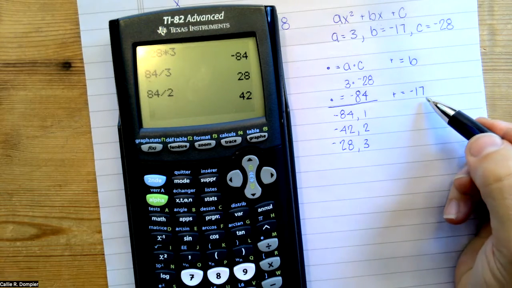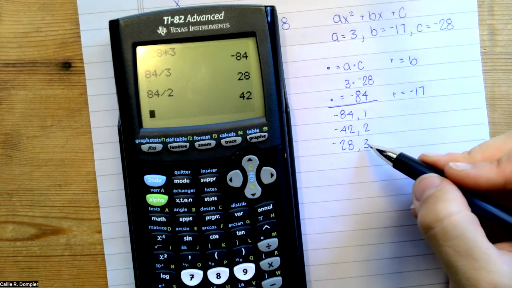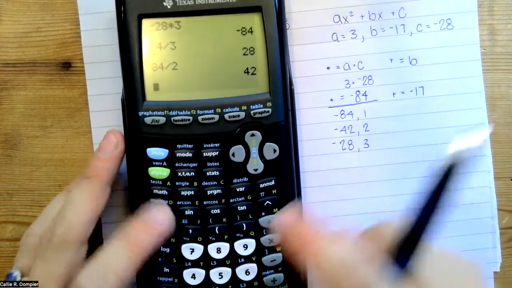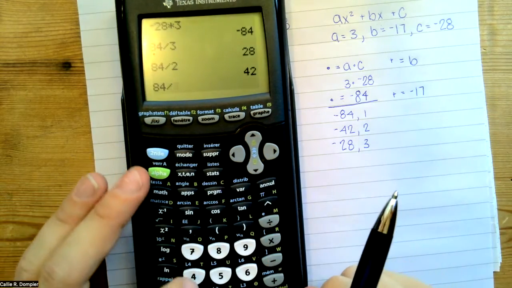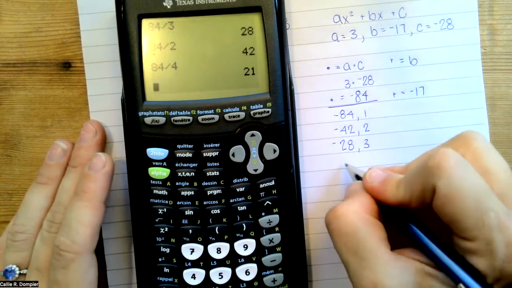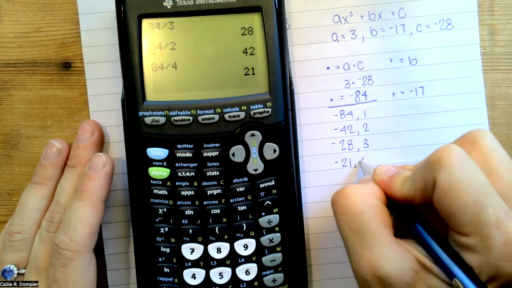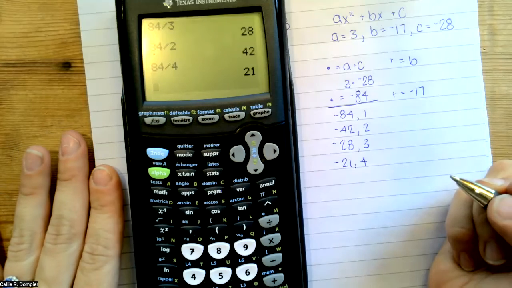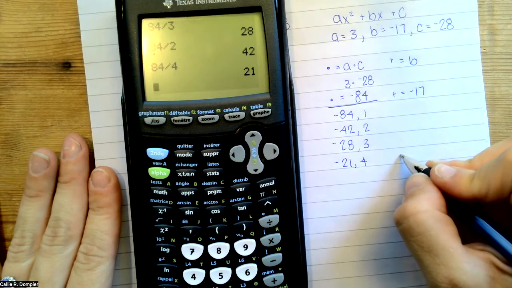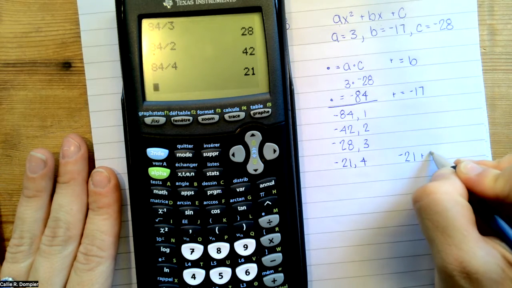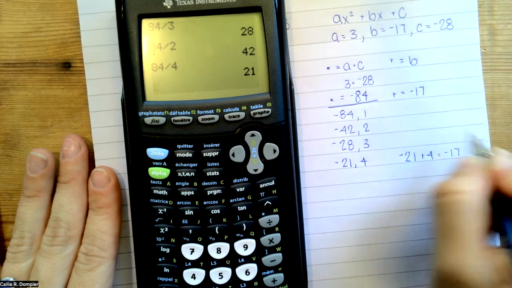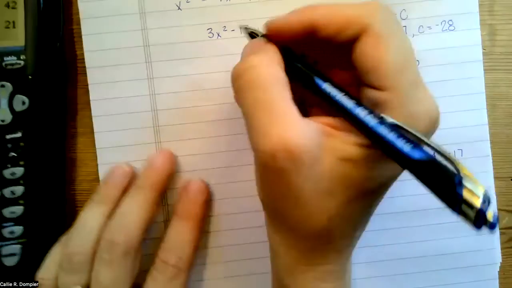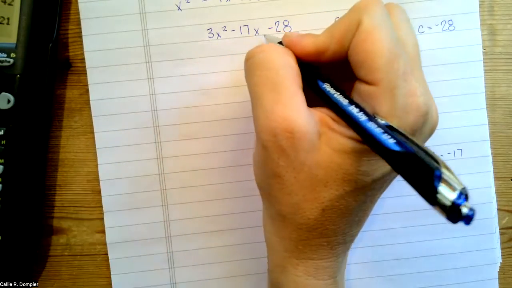And remember, we're looking for two numbers that when you subtract this one from this one, you get a negative 17, okay? 84 divided by 4, we'll get 21, right? So negative 21, 4. We might have found it, right? If I take those and add them together, negative 21 plus 4, I get negative 17.